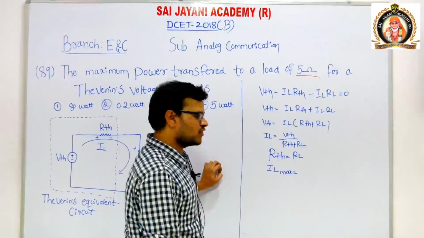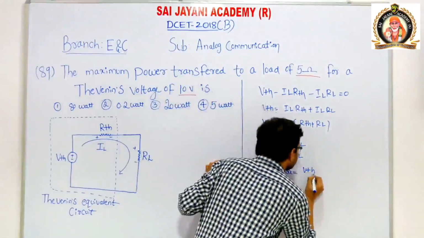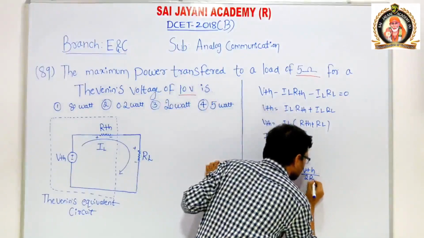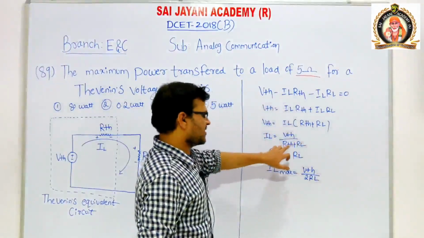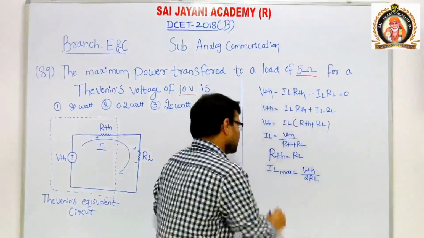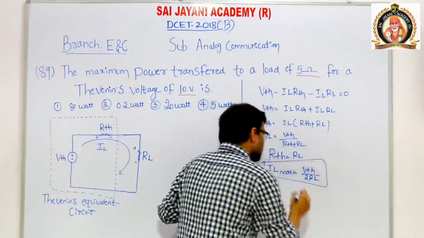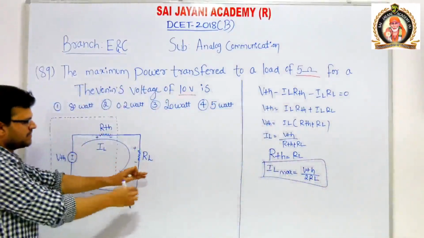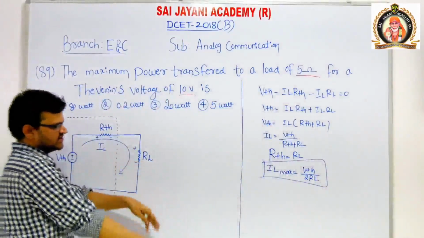So the maximum load current is given by VTh divided by 2 RL. Substitute RTh equal to RL, then you get 2 RL. This is the maximum load current which is flowing across the load resistance.